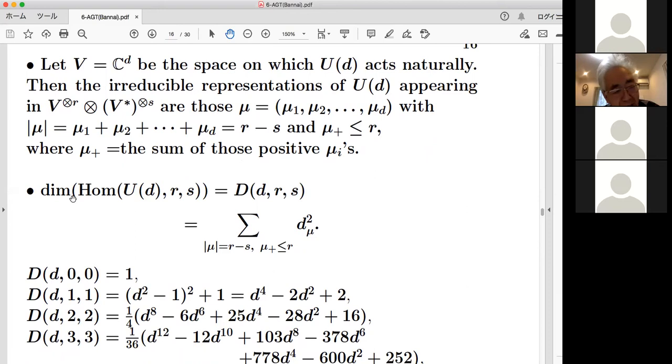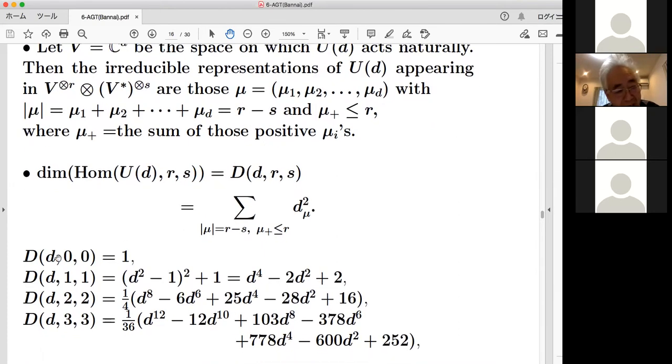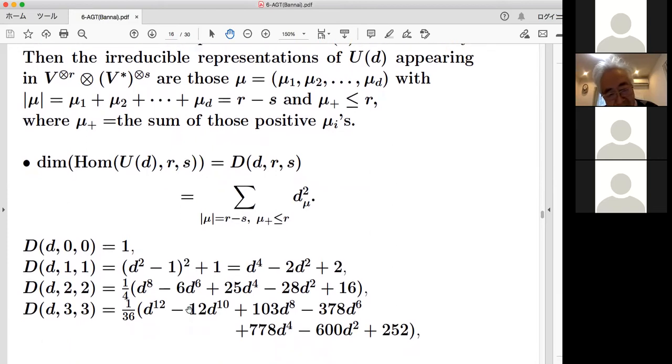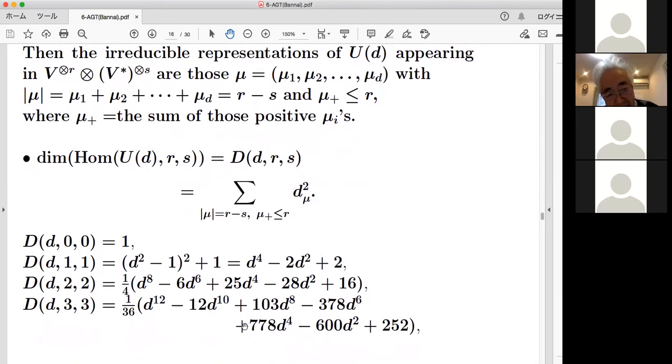And the dimension of the polynomial space we discussed before, Hom(U(d), (r, s)), is given by this sum, capital D(d, r, s). This is the sum of squares of degrees of irreducible representations which satisfy these conditions. And these numbers D(d, r, s), here are (1, 1), (2, 2), (3, 3), are actually described very explicitly.